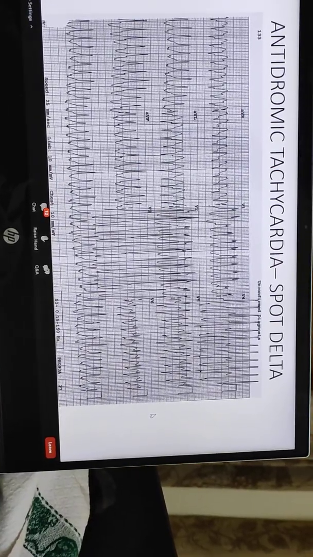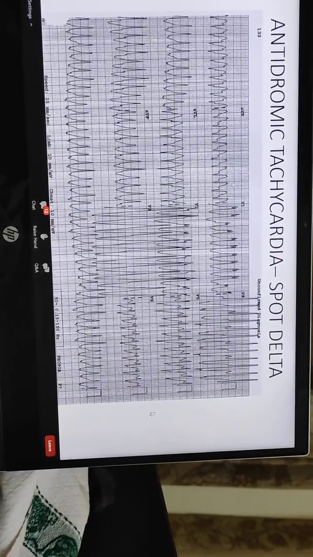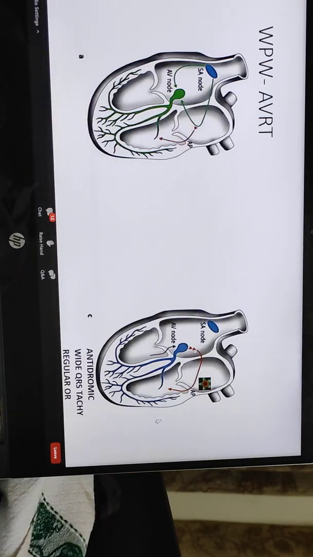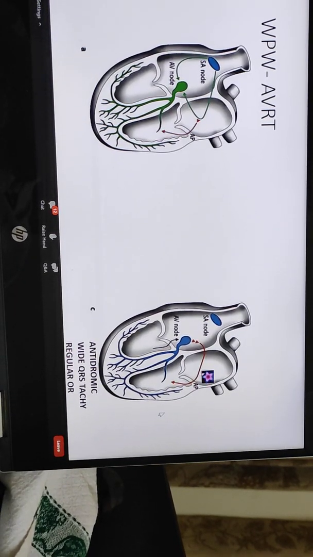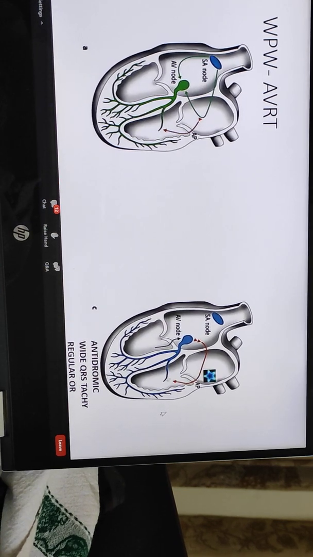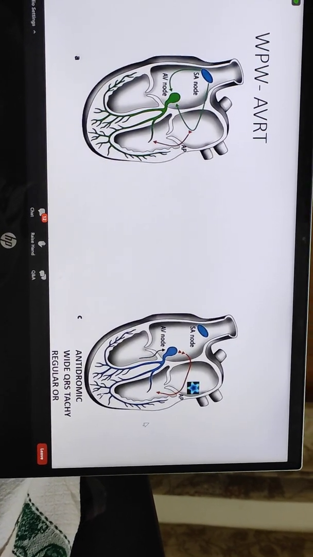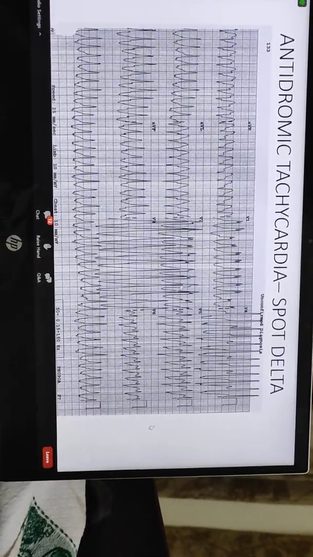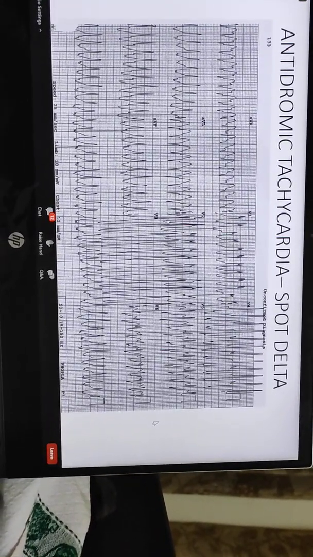The flutter is going around 300 per minute. All the 300 impulses are going through the accessory pathway to reach the ventricles, so your ventricular rate becomes 300 per minute. That is a very important clue.